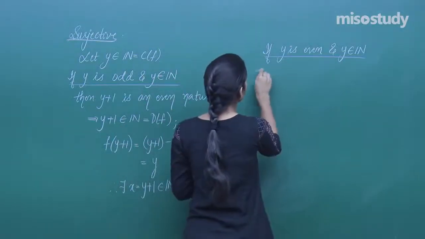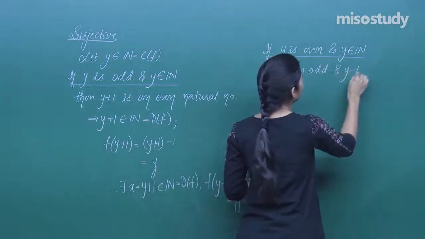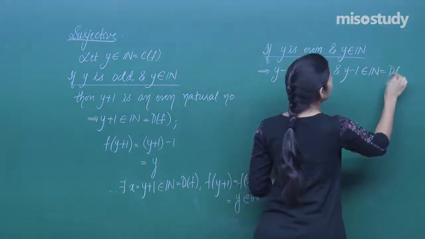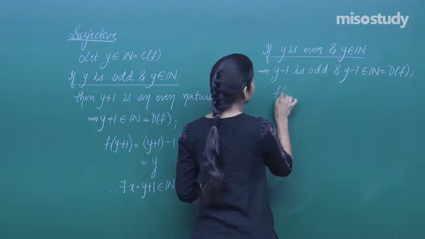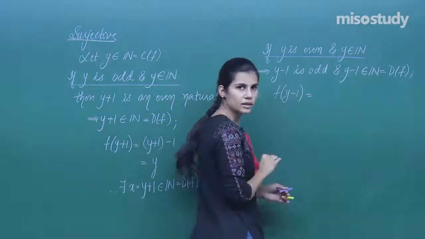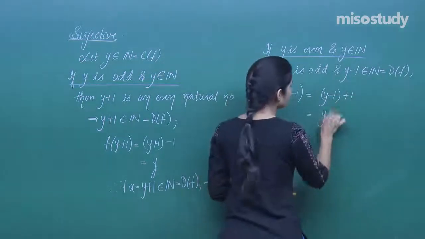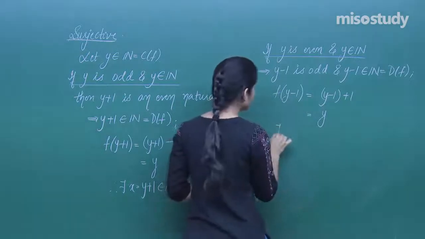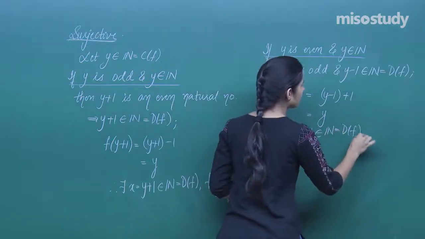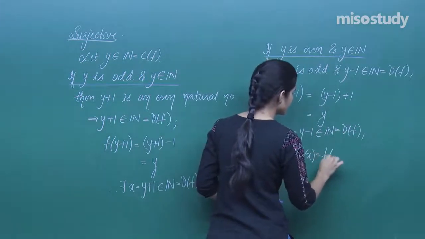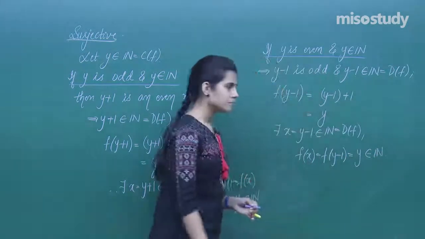So if y is even, this implies y minus 1 is odd and y minus 1 is a natural number lying in the domain of f, such that when f gets applied to this odd natural number, the answer is that odd natural number plus 1, according to the definition of f, which is y. That means there exists x equals y minus 1 in the domain such that f of x, that is f of y minus 1, is equal to y sitting in the codomain. Clear?